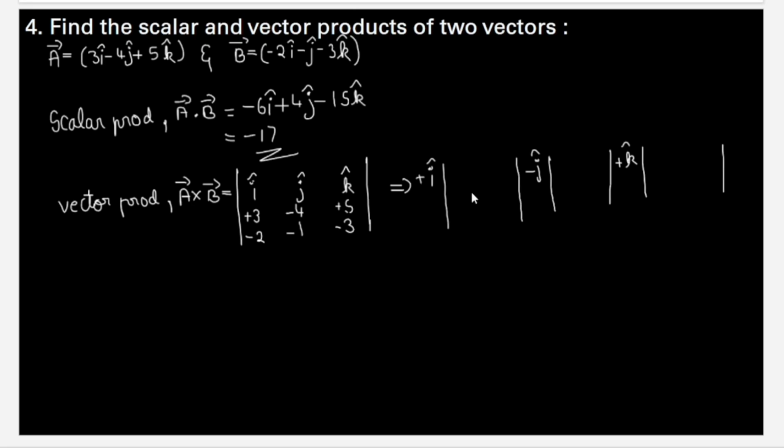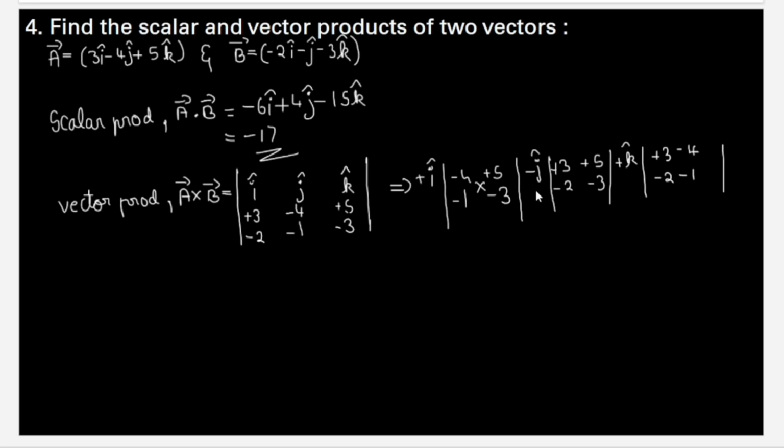In the i cap space, we will be filling the values of j cap and k cap and ignoring i cap. Same goes for minus j cap, except j cap, we will be filling the values of i cap and k cap. And same goes for k cap, except k cap, we will be filling the values for i cap and j cap. Next we write i cap, multiply these two and these two. We get minus 4 into minus 3 is plus 12, minus plus 5 into minus 1 is minus 5.